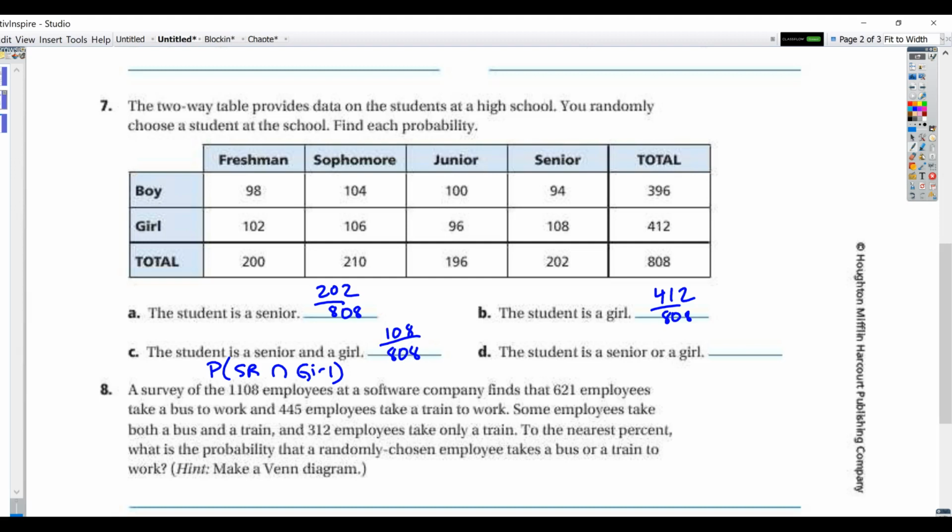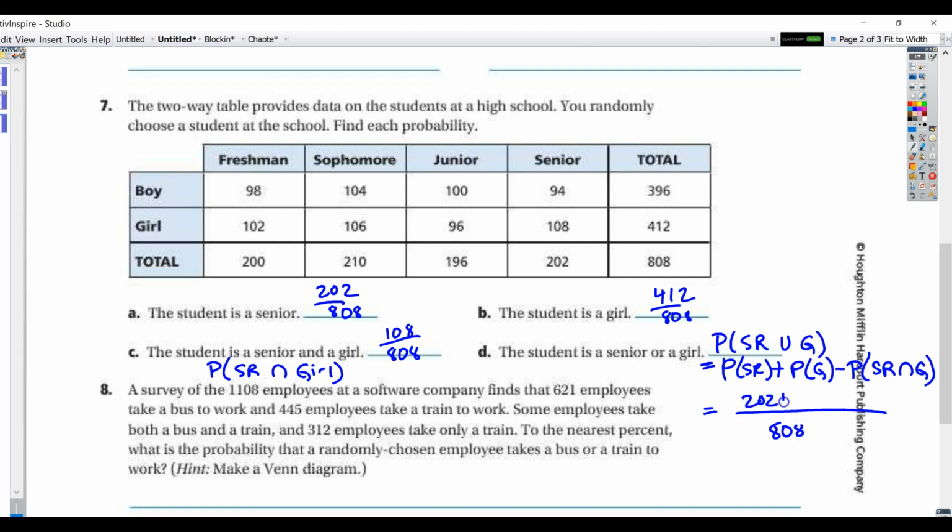And then when I look for the probability that a student is a senior or a girl, the probability of a senior or a girl is going to be the probability of a senior plus the probability of a girl minus the probability that you are a senior and a girl. It's all those numbers they just gave us.